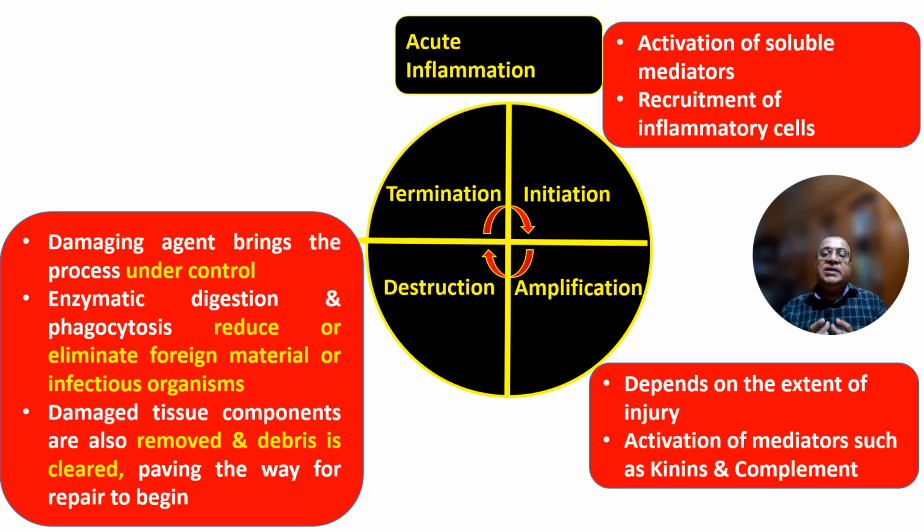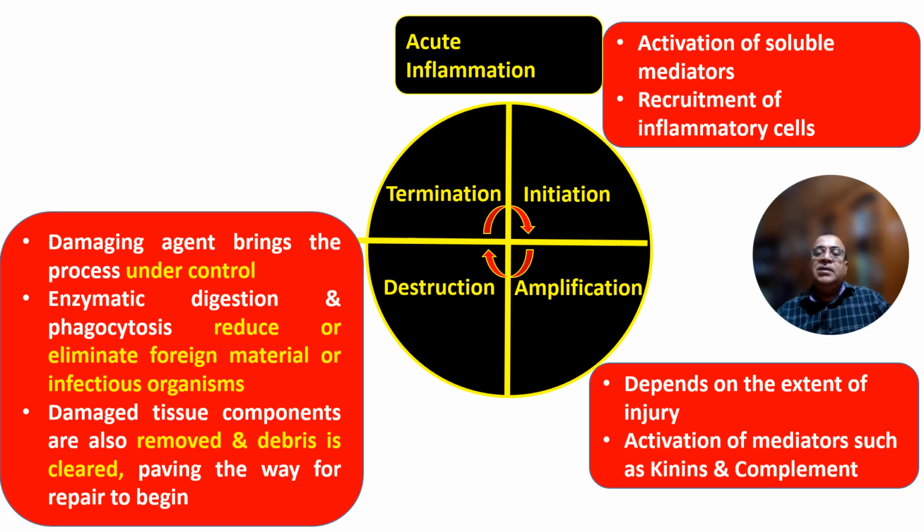Then the agent is destroyed and the damaging agent is brought under control. There is enzymic digestion, phagocytosis, or elimination of the foreign material or infectious agent. The debris is there, so it should be removed and cleared away.